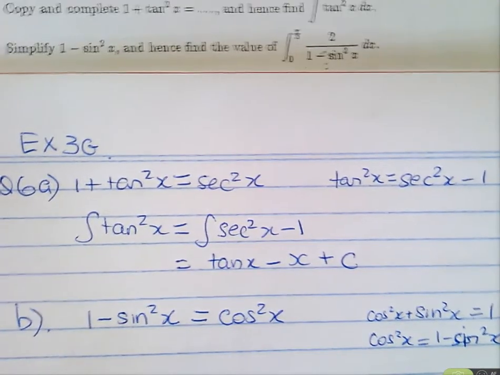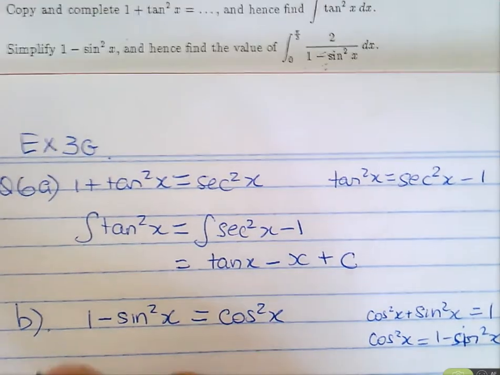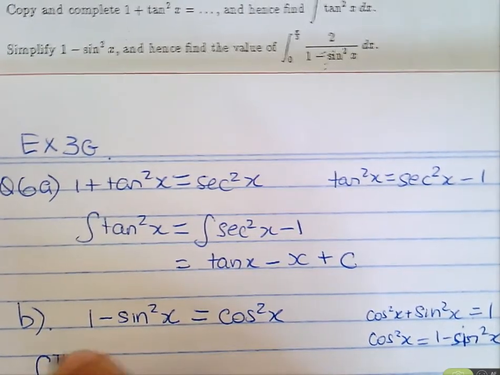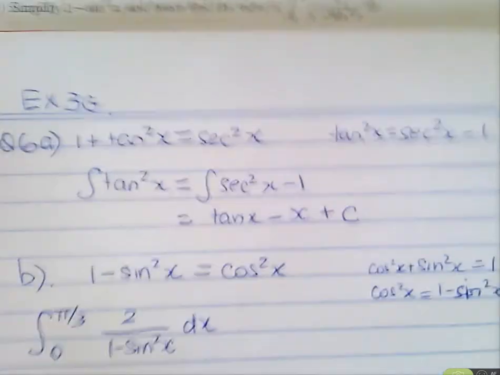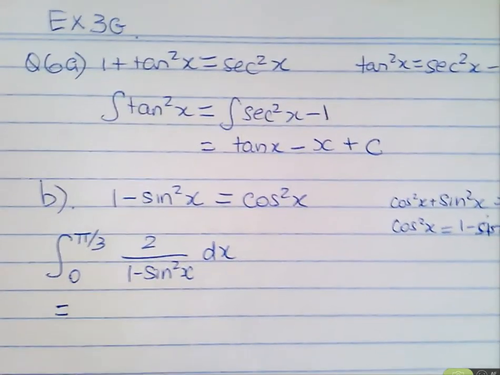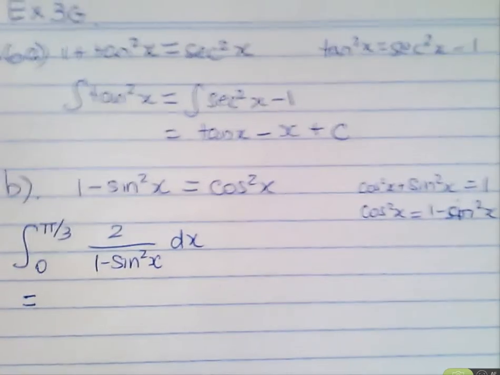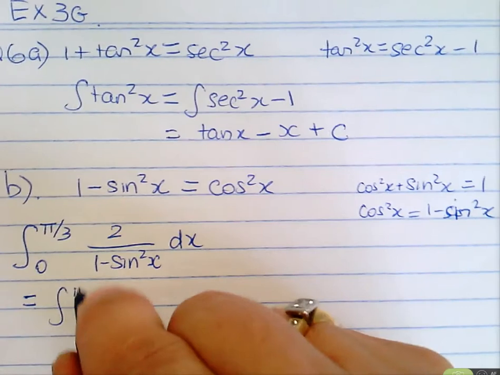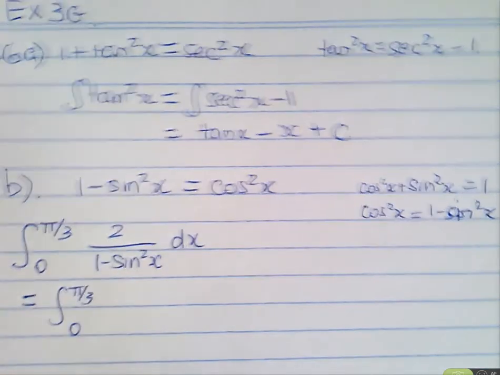So it says simplify 1 minus sine squared x, which we've done. Hence find the value of the integral between pi on 3 and 0 of 2 over 1 minus sine squared x dx. Here's the question. Hence integrate that. You can't integrate this as it is, so that's the hint.